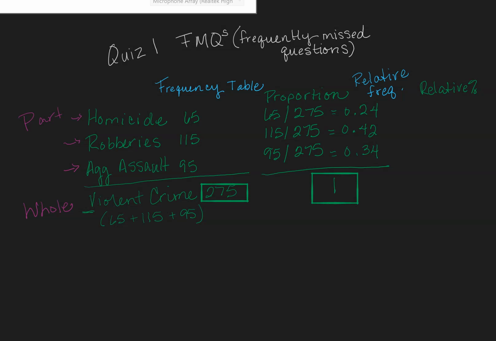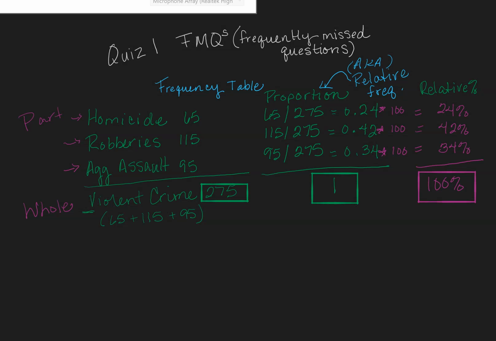For the relative percentage, all we have to do is take this proportion, or relative frequency, and multiply it by 100. To make sure your relative percentage is correct, sum these percentages and you should end up with 100%.